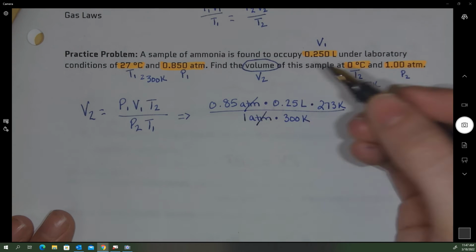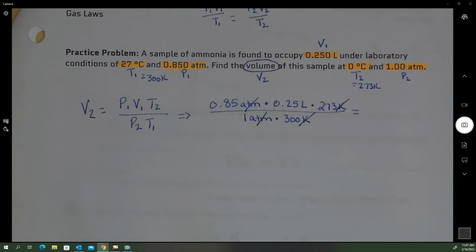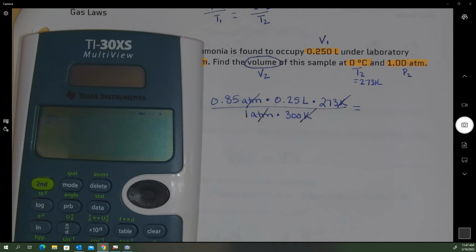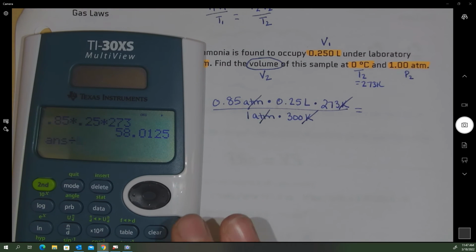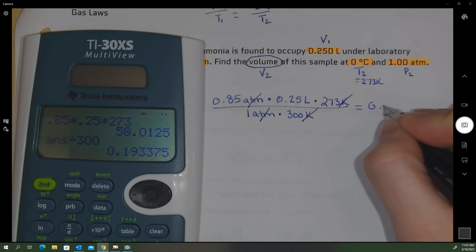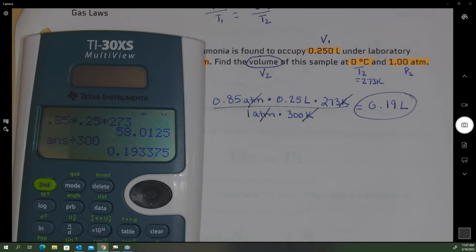ATM can cancel out, Kelvin can cancel out, and I'm left with a unit of liters. I just have to type it into my calculator. So 0.85 times 0.25 times 273 divided by 300 gives us 0.19 liters as our final answer.